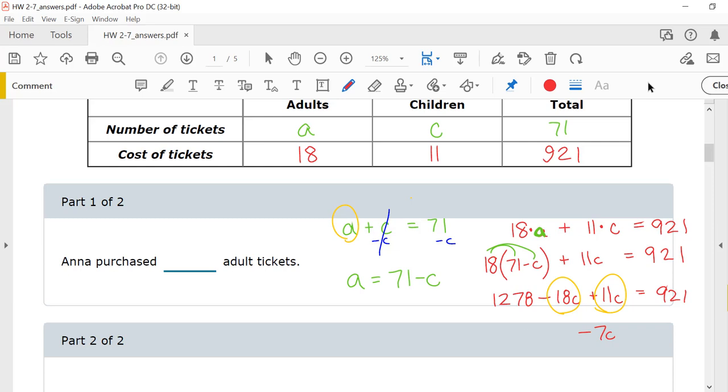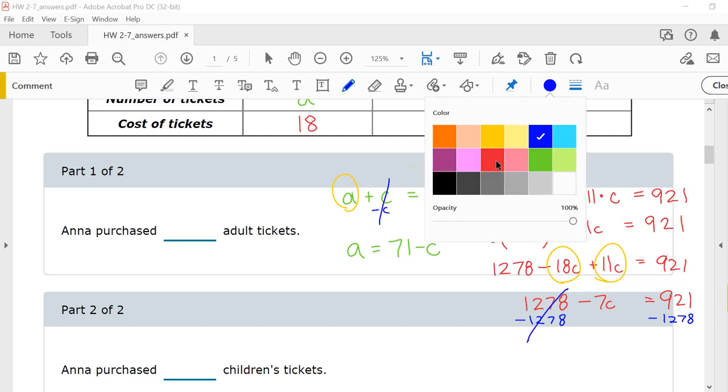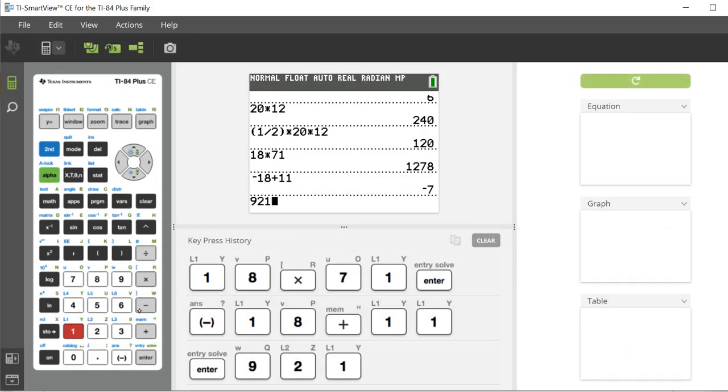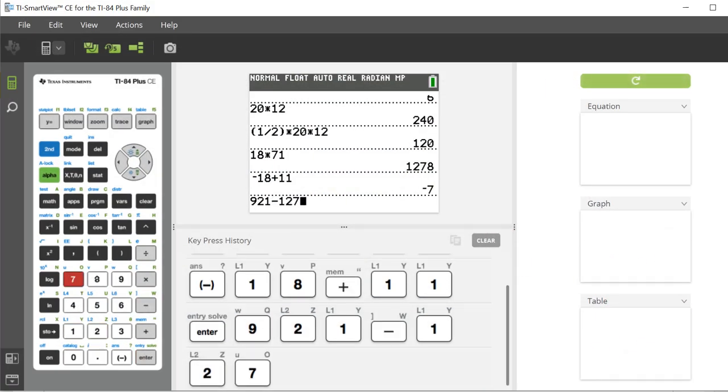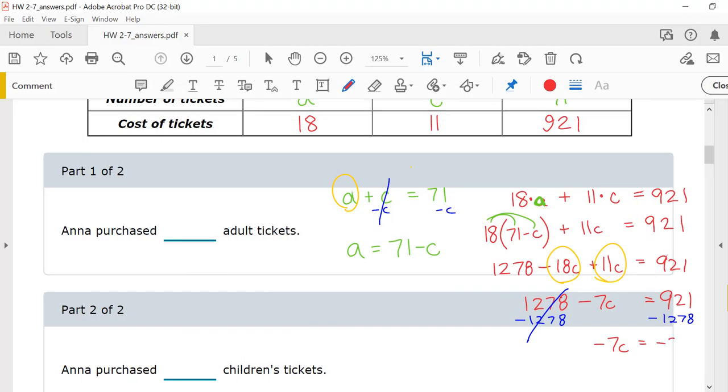Okay, I still have 1278. Now I have minus 7C equals 921. If I subtract 1278 from both sides, I'm left with negative 7C equals 921 minus 1278 is negative 357.